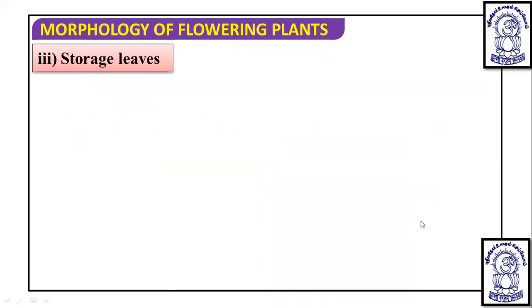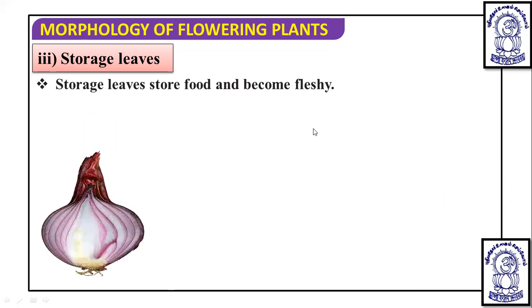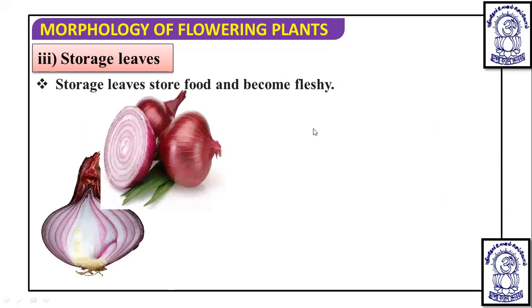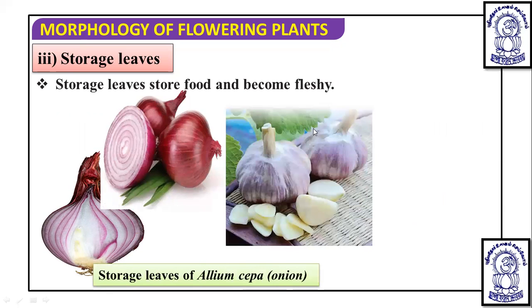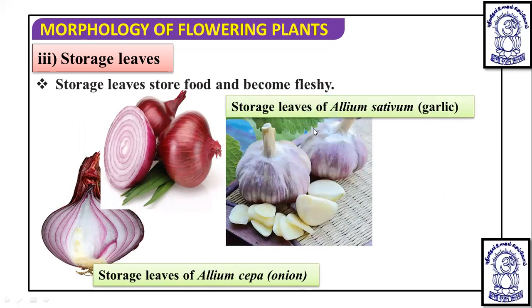Then after spines, another leaf modification is for food storage, and these are known as storage leaves. These storage leaves store food and become fleshy, and they are found in case of Allium cepa, that is onion, and Allium sativum, that is garlic.